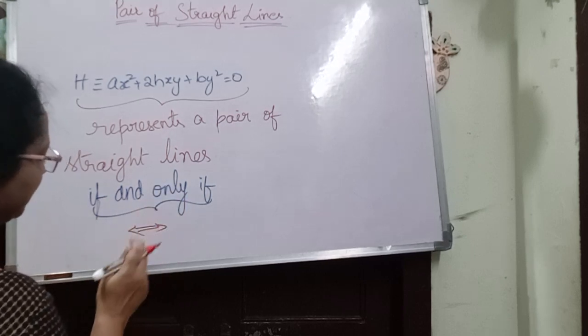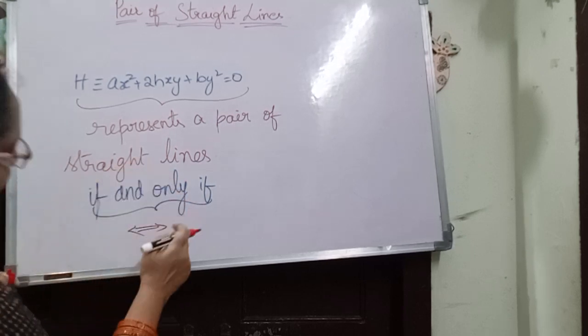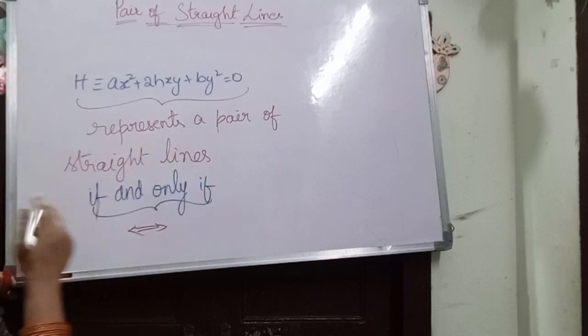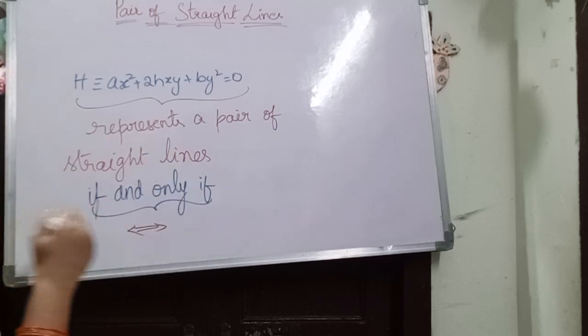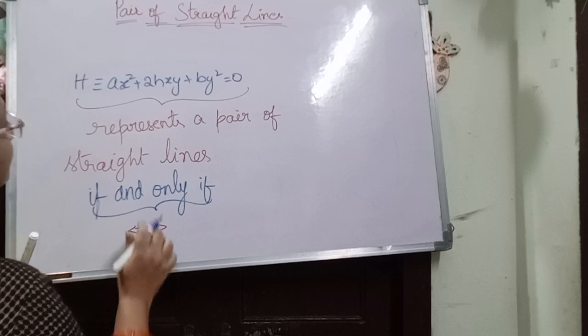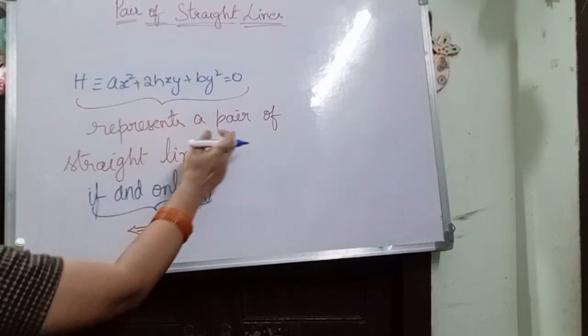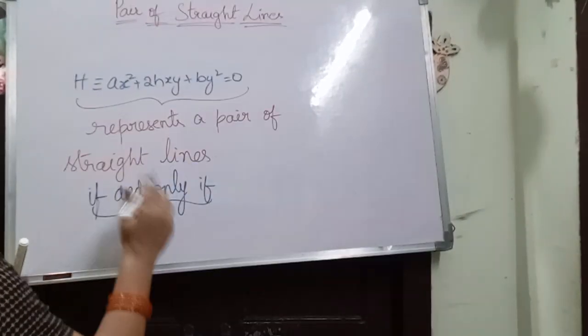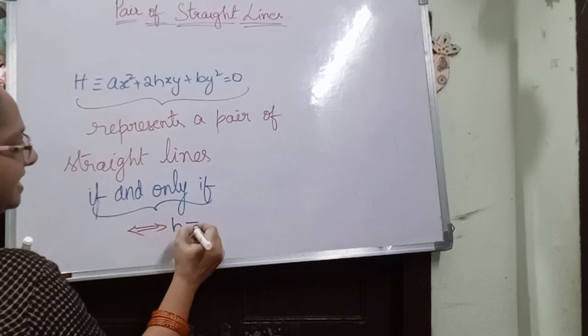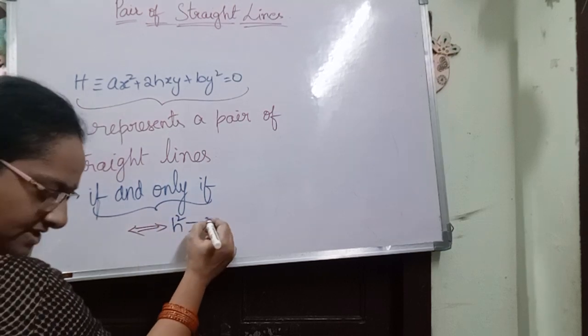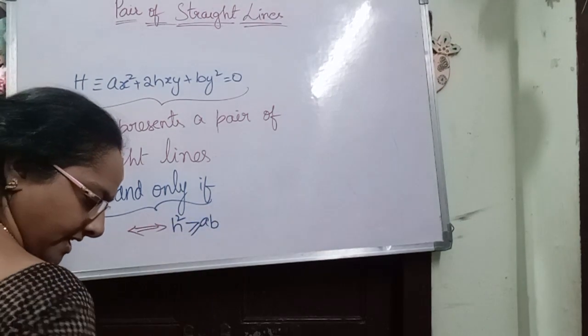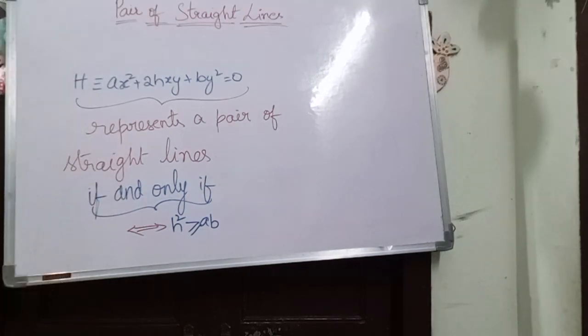The double implication means: when this happens, that will happen, and when that happens, this will happen. In that way, the equation represents a pair of straight lines if h square is greater than or equal to ab.